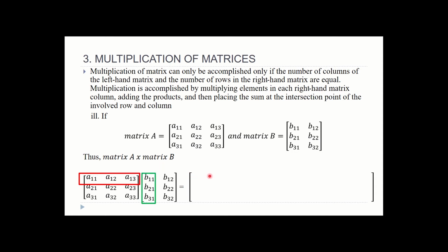The first element of the first row is the result of your A11 times B11 plus A12 times B21 plus A13 times B31.